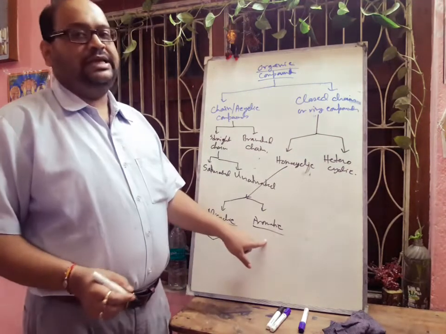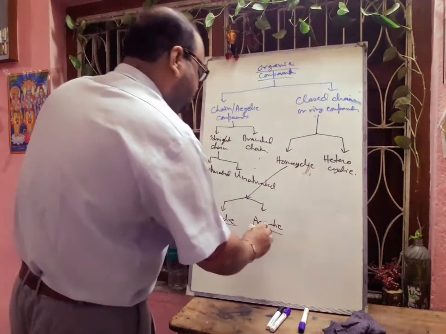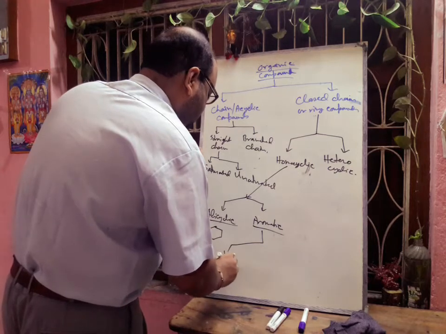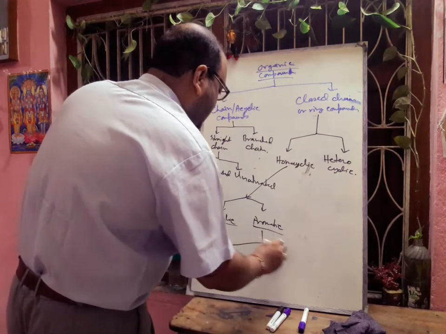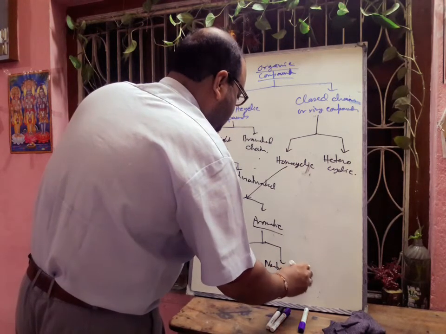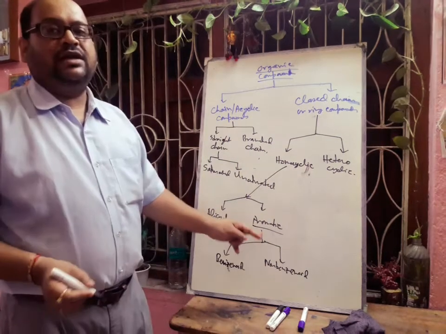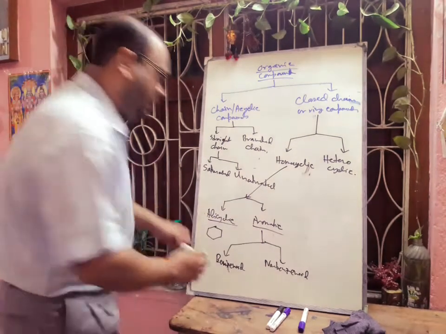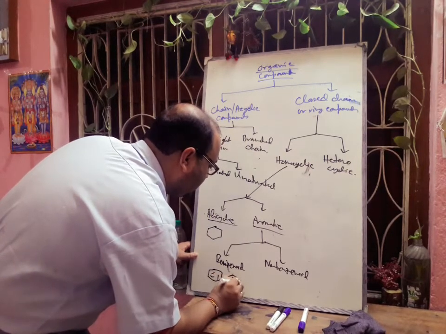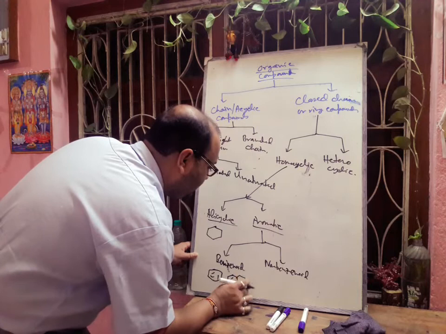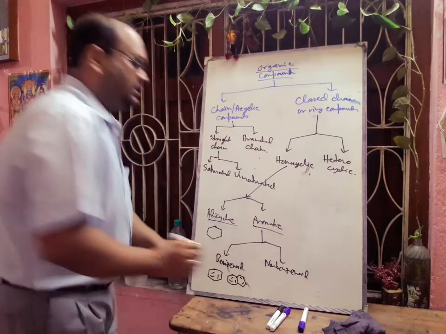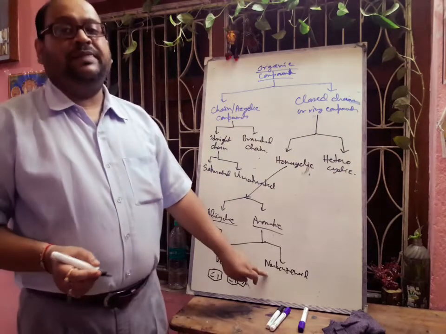In the case of aromatic, this may be of two types: one is benzenoid, another is non-benzenoid. In benzenoid aromatic compounds there is a benzene ring, like benzene and naphthalene. In the other type of aromatic compound, there may not be a benzene ring.